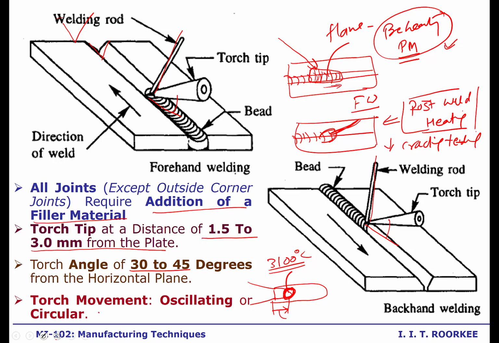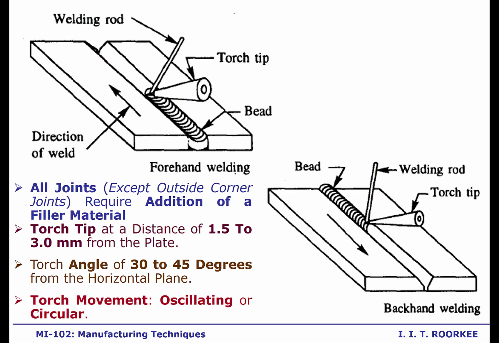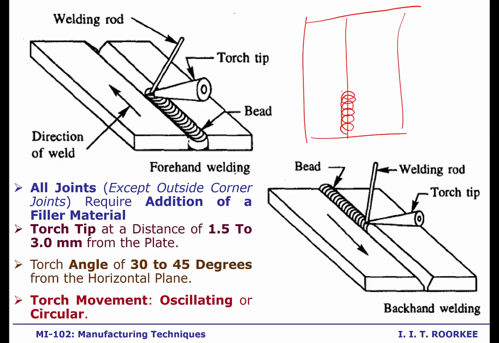In order to have more uniform distribution of heat and sufficient coverage of the welding up to sufficient depth, say these are the two thin sheets to be welded. What will you do? The torch movement can be circular or oscillating like this, so that sufficient width of the weld can be realized and enough heat is provided.